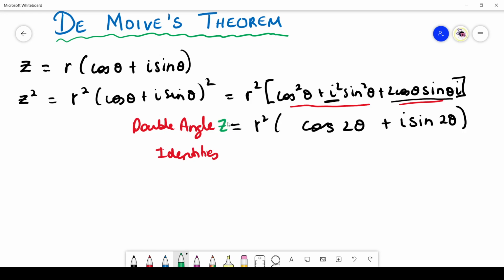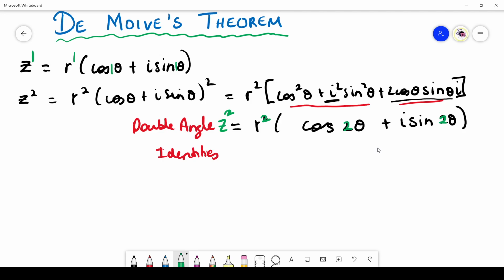If I were to write z squared right here, you'd see, well, hey, initially when z was raised to the power of 1, r was to the power of 1, and that angle in front was really just theta. And suddenly, when you have the power of 2, you're seeing r being raised to the power of 2, as well as there being a 2 in front of each of the angles.